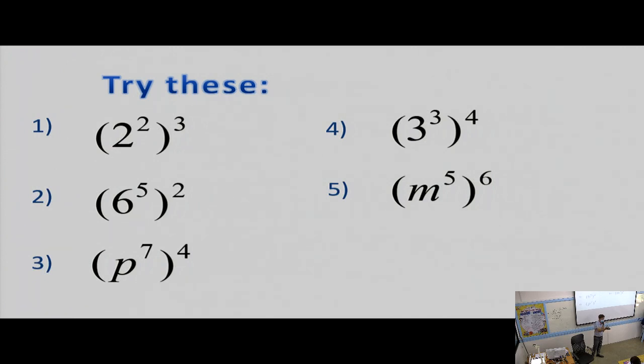What's the answer? Okay, very good. That is p to the power of 28. 7 times 4 is 28. Just copy the base, okay? So that would be p to the power of 28.